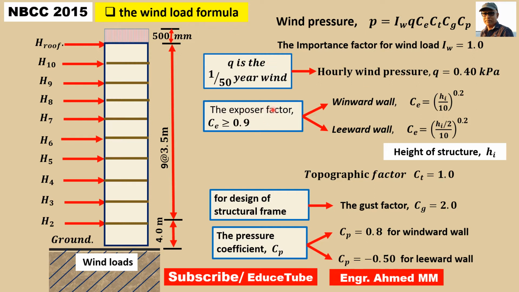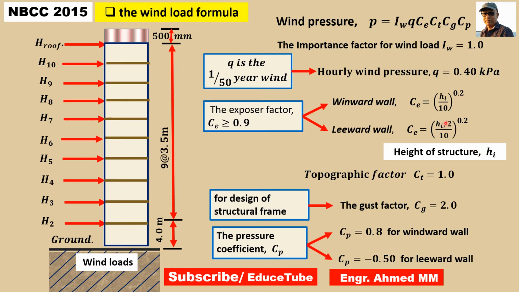Next is the exposure factor. Here I have written the exposure factor, it will be 0.9 but greater than or equal to. To find this for the windward wall we use this formula, H by 10, where H means height of the structure.